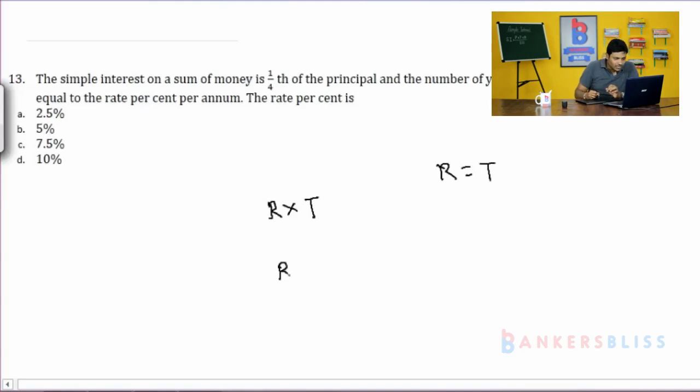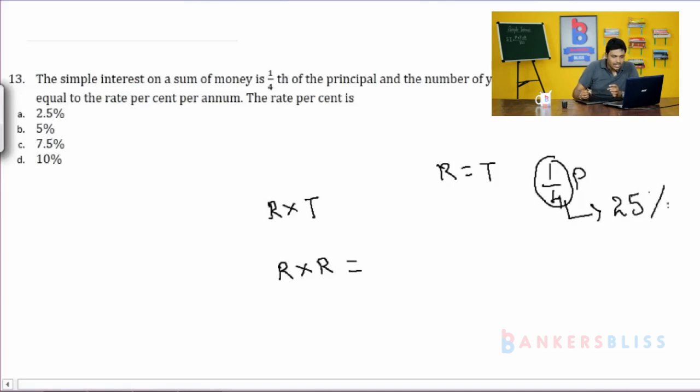So rate percent into time period, in that place also we can write R because both are equal. If we do, we will get the total rate of interest. The total rate of interest is 1/4 of the principal amount, and this 1/4 is nothing but 25%.